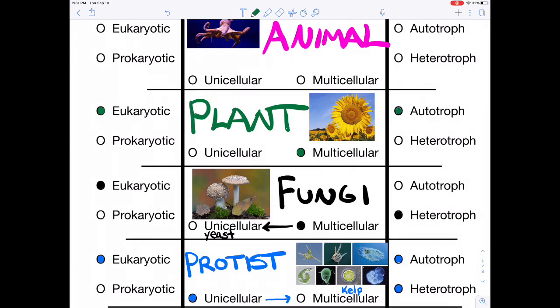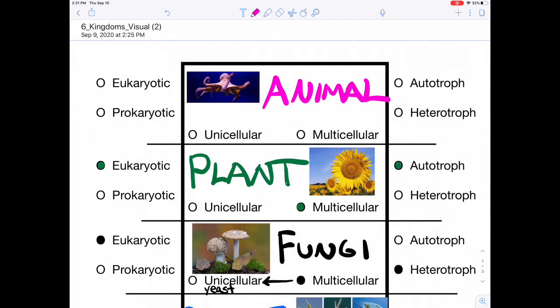These organisms make their own food. Now, some people would argue, what about things like a Venus flytrap or a pitcher plant that does consume other organisms? Yes, there are rare occasions that do consume other organisms, but they also make their own food. So we're going to call this entire kingdom autotrophic.